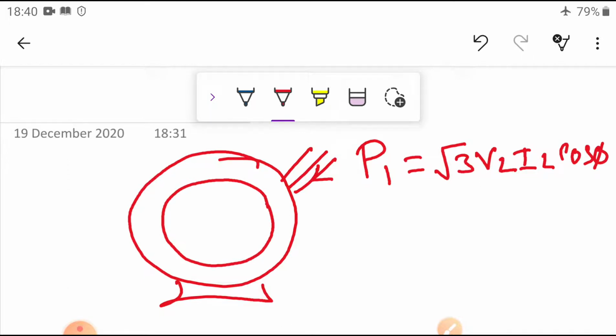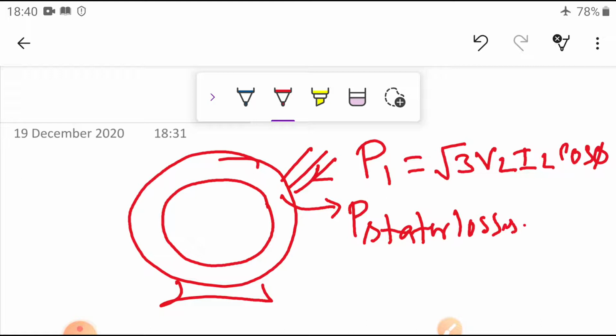This is equal to P1 minus some losses: P stator copper loss and P stator iron losses.